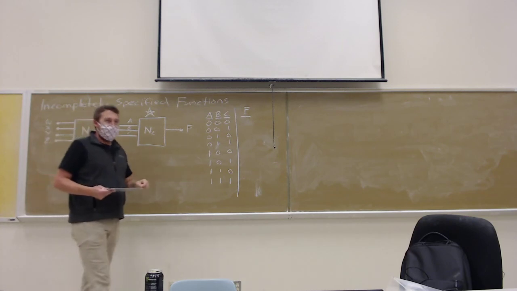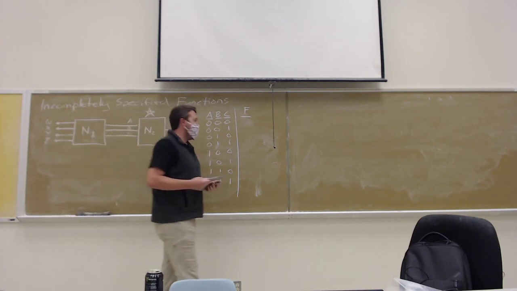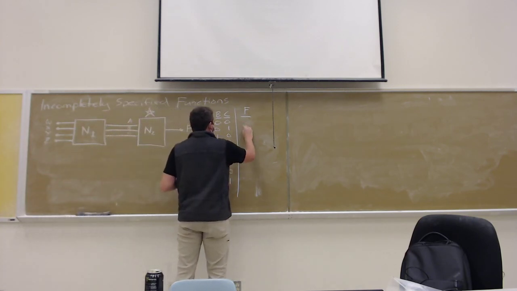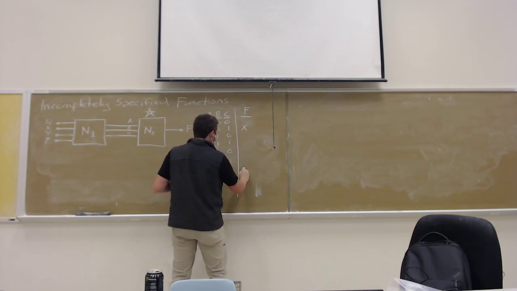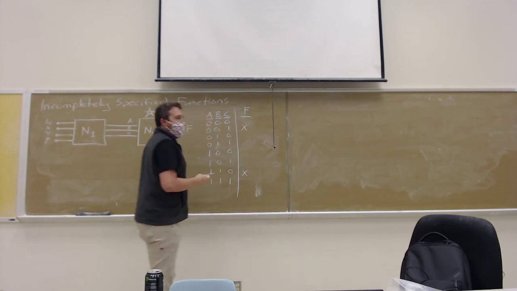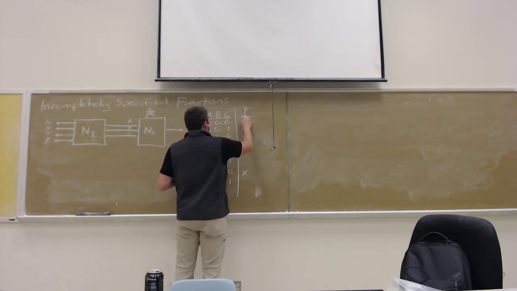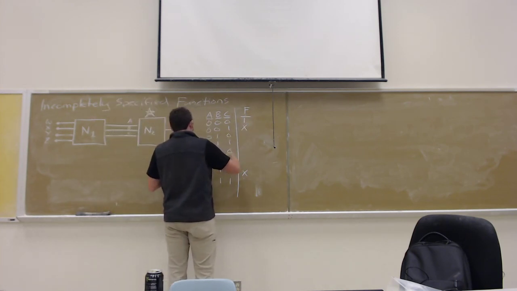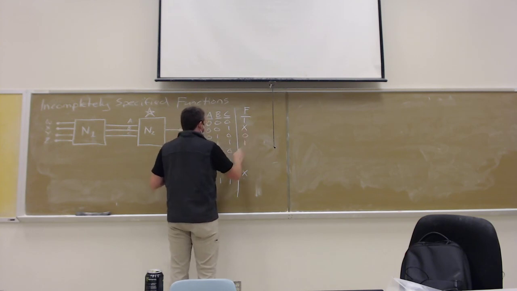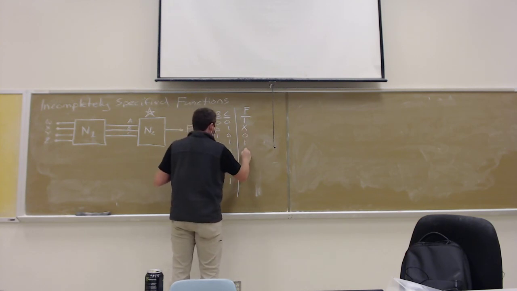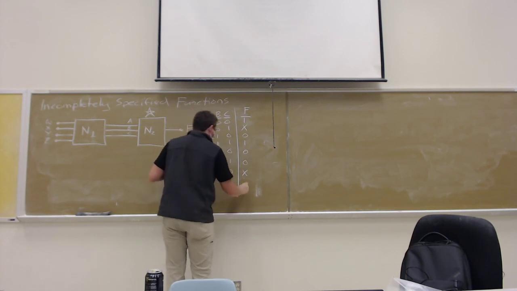Right? They will never happen. They're not an input to your system. So what you do is you say, all right, cool. We X out F. Now if they do happen, that's on him, right? That's not our problem. So we X those out and we label the rest of our outputs: 1, 0, 1, 0, 0, 1.